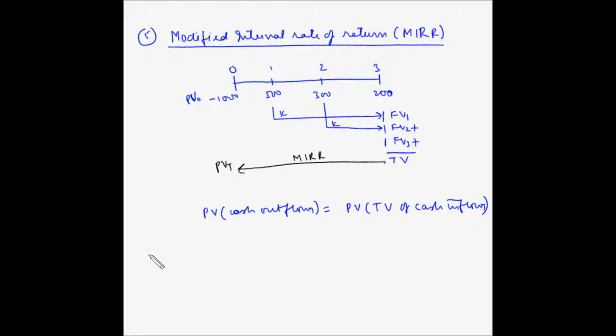The next method which we look at is profitability index. Profitability index is defined as the ratio of the present value of cash inflows to the initial investment outlay.